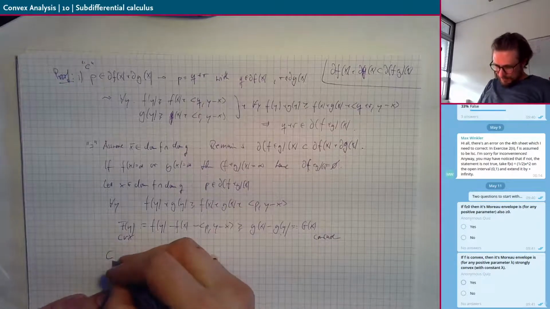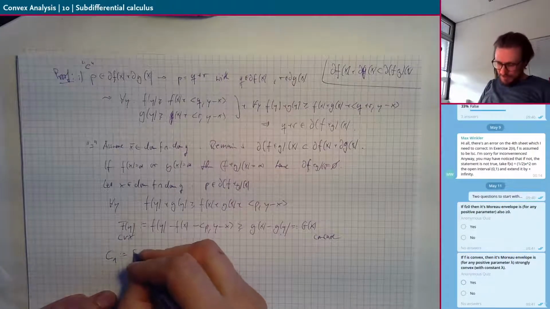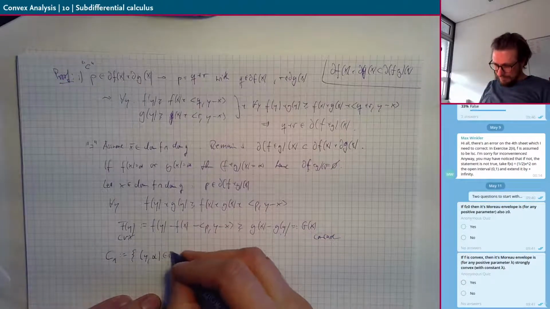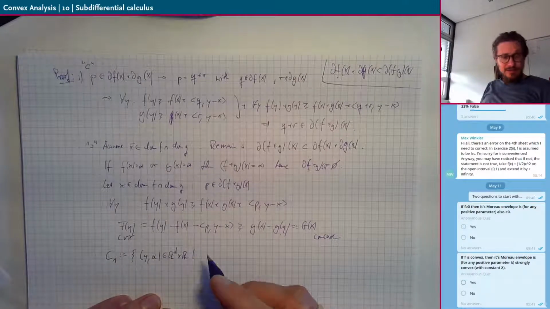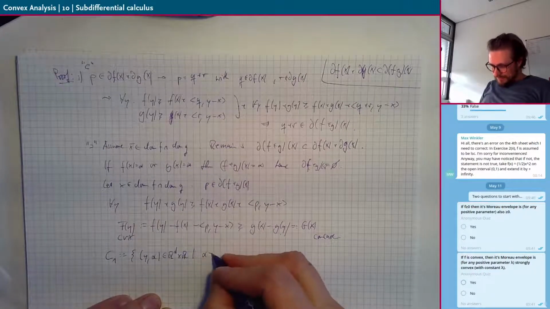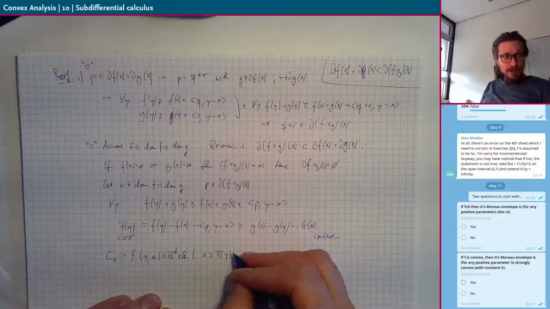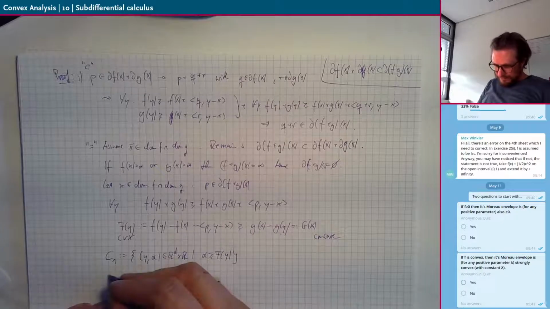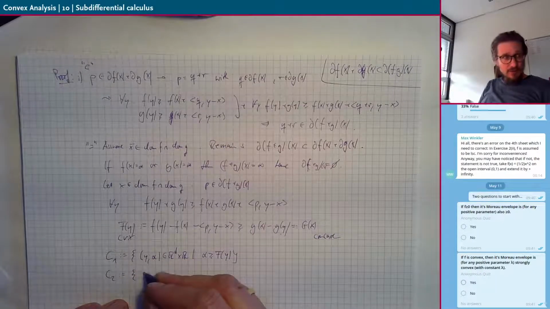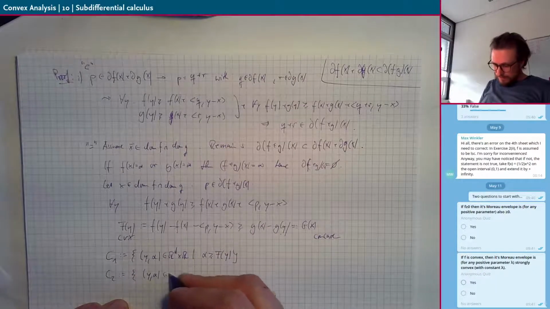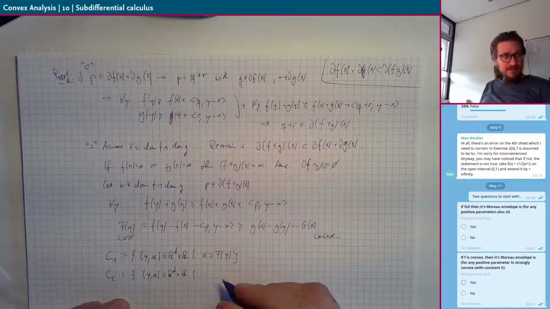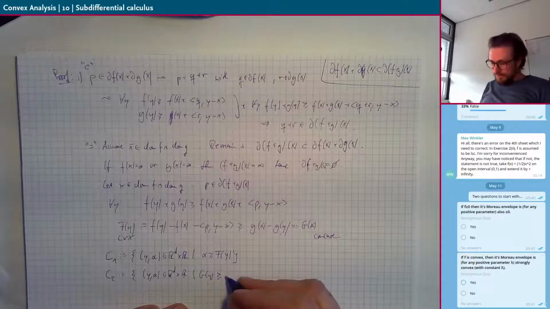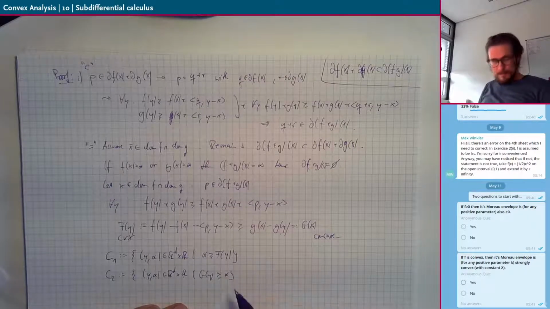The set C1 will be the set of all tuples (y, alpha) in R^d times R such that alpha is larger or equal to F(y). And the set C2 will be the set of all tuples (y, alpha) in R^d times R such that G(y) is larger or equal to alpha.